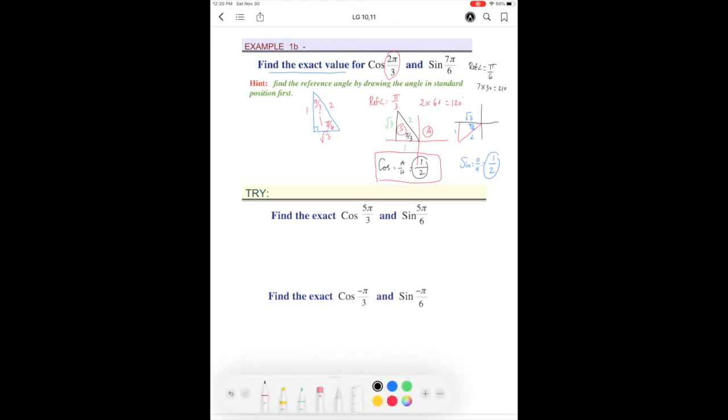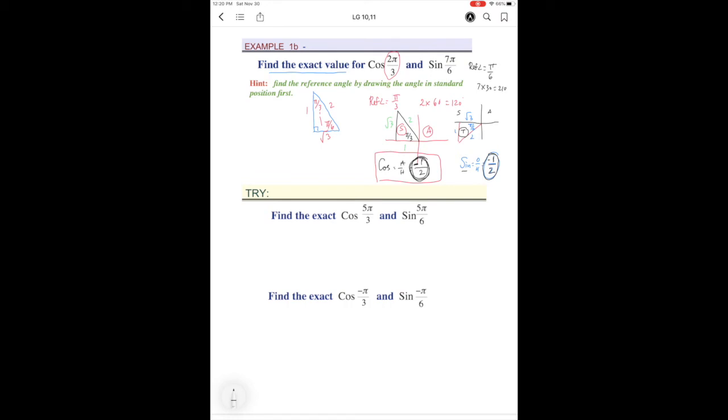So this guy gets a negative sign. So watch out, don't forget, this is a negative 1 over 2. And likewise, this is A, and this is S, and this is in the T quadrant. So tan is positive, and this is a sine question. So this one's negative 1 over 2.